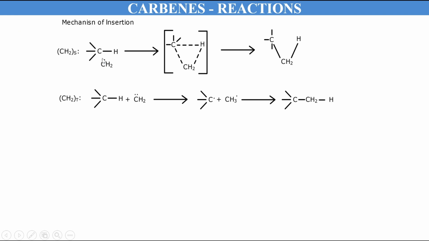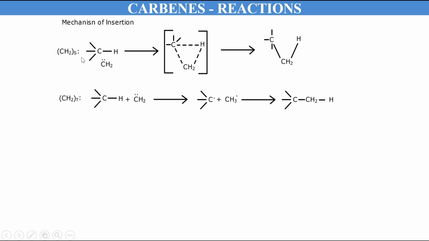The singlet or triplet state carbene can form a bond with this carbon when the spins of the electrons are anti-parallel, and with hydrogen also the electrons can combine with this carbon, and an intermediate can be formed, and the carbon-hydrogen bond here breaks, and a carbon-hydrogen bond and a carbon-carbon bond form, and it gets inserted between the carbon and hydrogen.